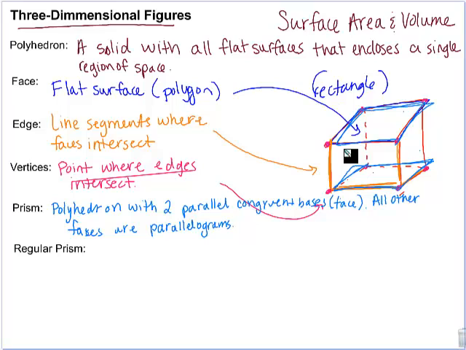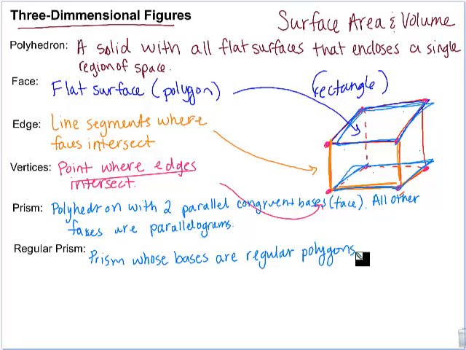A regular prism is just a prism whose bases are regular polygons. And recall, regular means congruent sides and congruent angles.